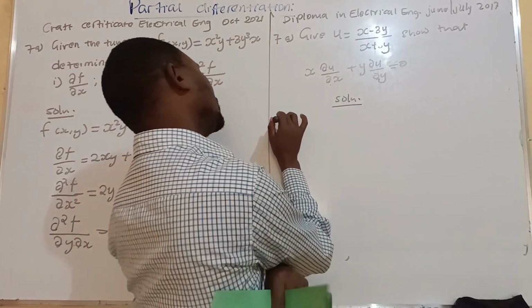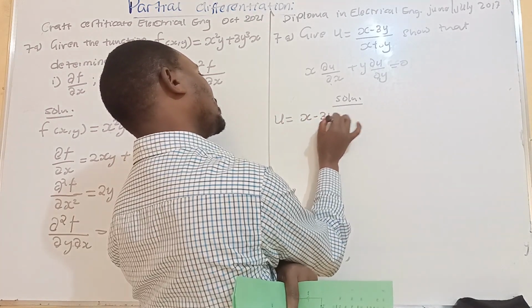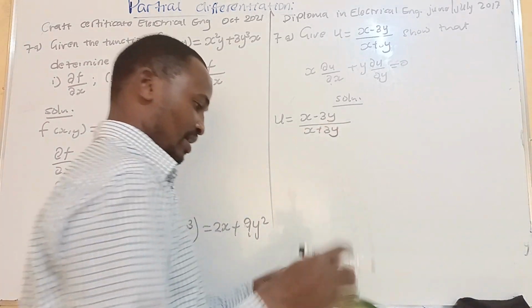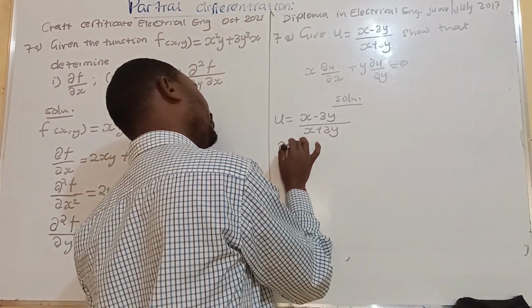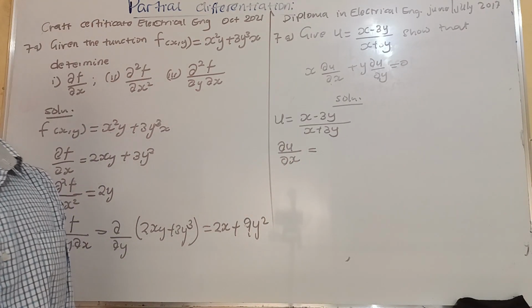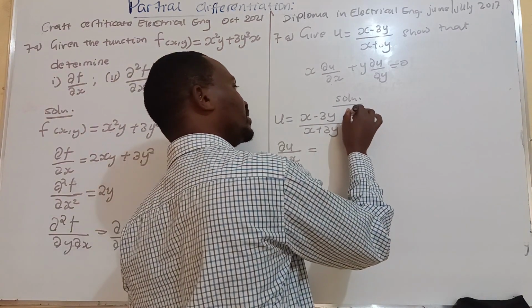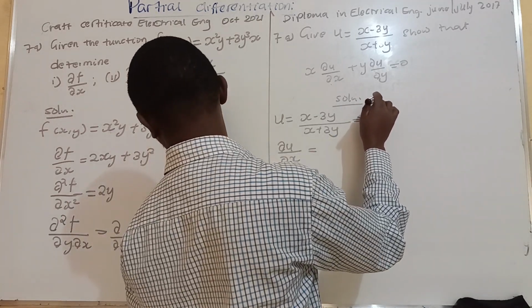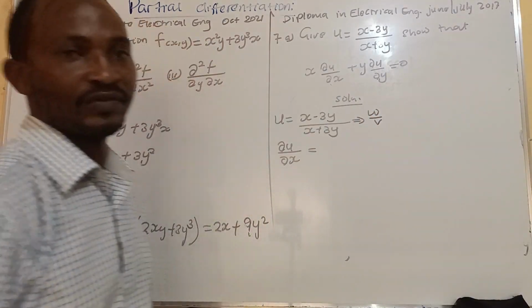We have u is equal to x minus 3y all over x plus 3y. To get the partial derivative of u with respect to x, the best thing here is to use the quotient rule. Let us call the numerator w and the denominator v, so w over v.